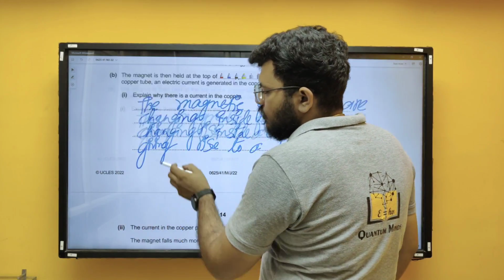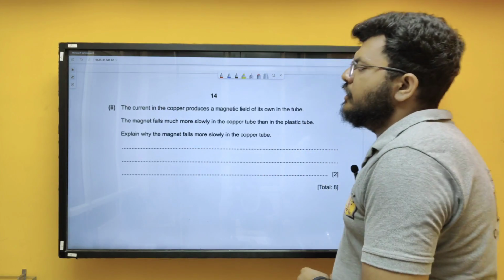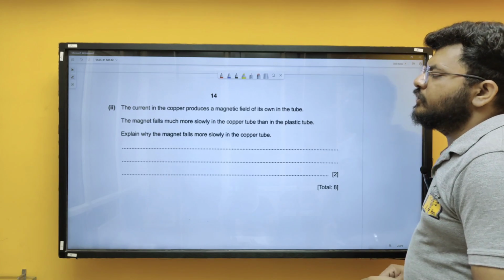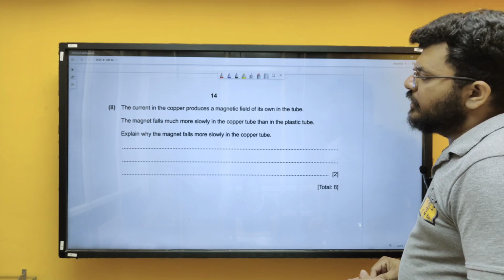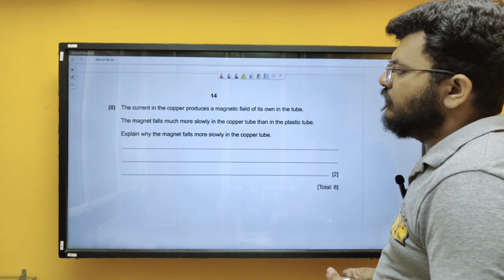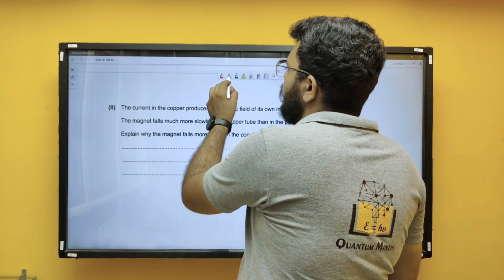Okay, now next question. The current in copper produces a magnetic field of its own in the tube. The magnet falls much more slowly in the copper tube than the plastic tube. Explain why the magnet falls more slowly in the copper tube.